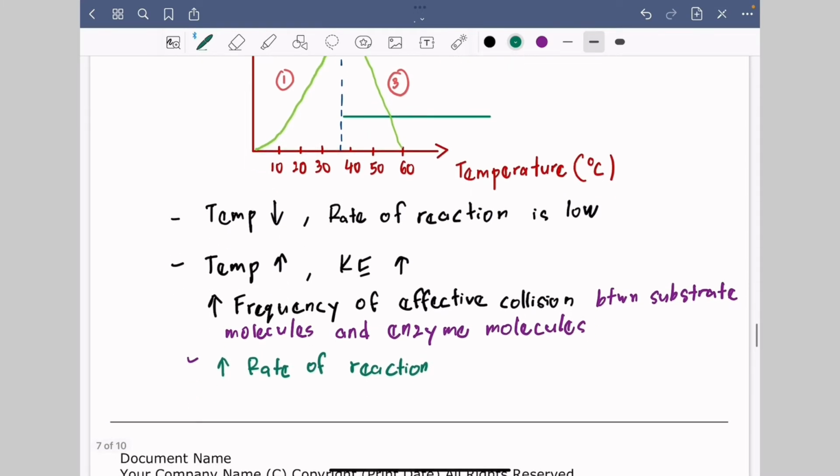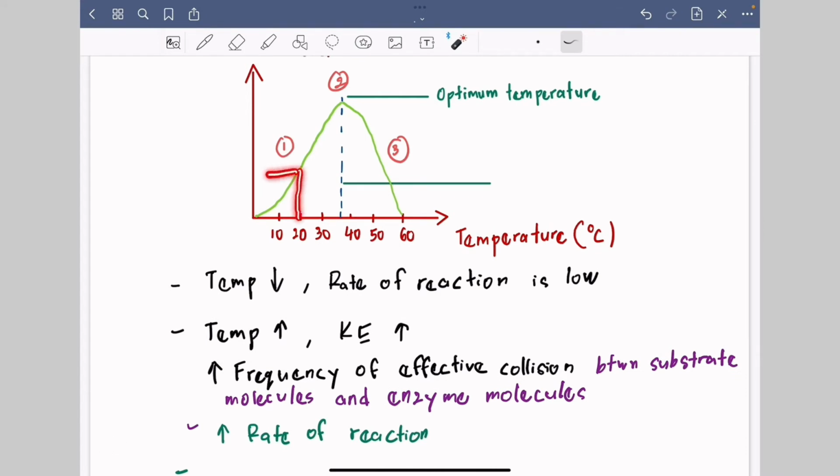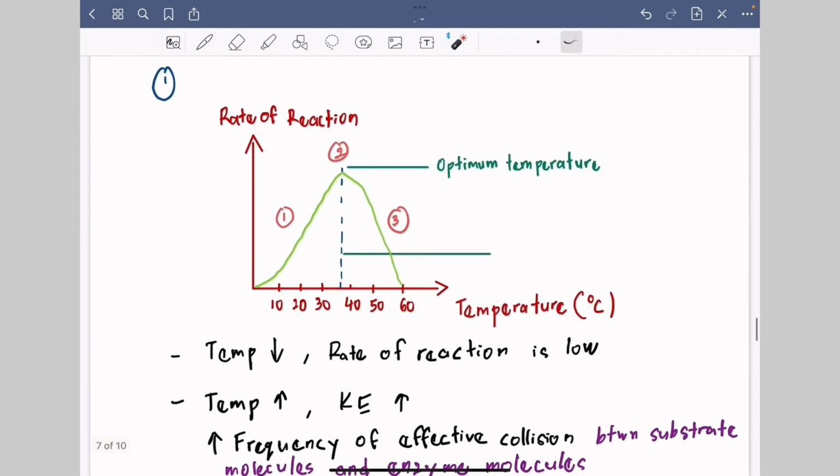So another important point is that with every rise of 10 units of temperature, the rate of reaction also doubles until it reaches the optimal temperature. This optimal temperature is 37 degrees Celsius. For example, 0 to 10 is A, and then with a 10 unit increase in temperature it becomes 2A, and another 10 unit increase becomes 4A, and so on.